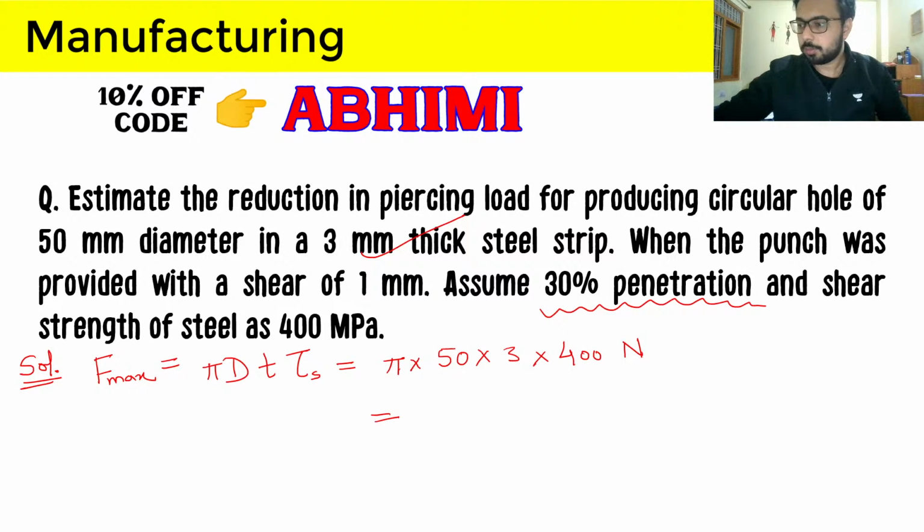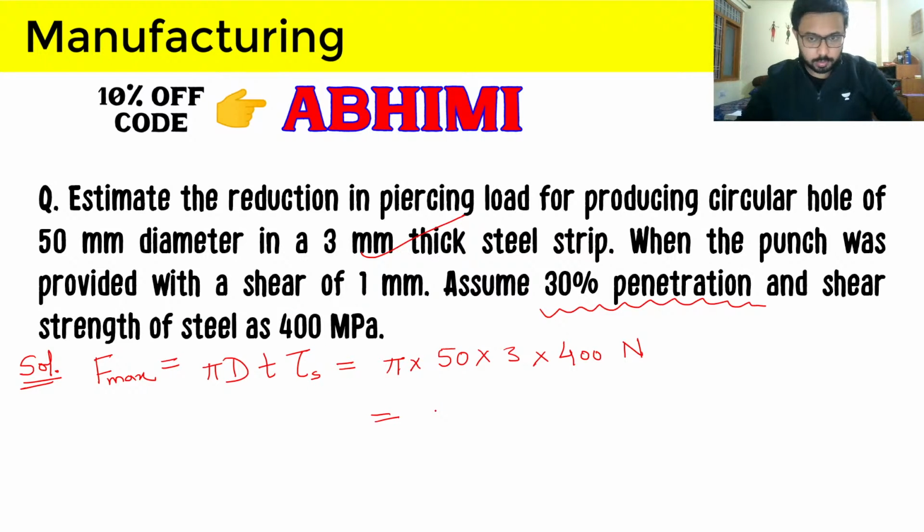So let's first of all calculate the maximum load, because as I discussed before getting disconnected, due to providing of shear, the maximum force will now be less, because it will be distributed over the length that is there due to the shear.